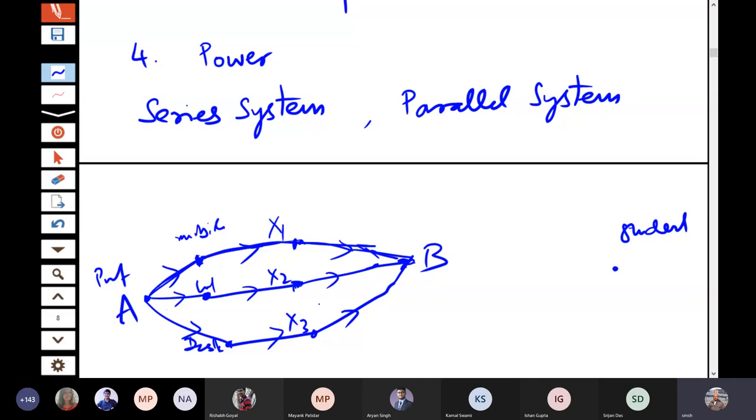And these 3 series systems are running in parallel. That means if any of them functions smoothly, then the link from A to B works. This is known as a parallel system.